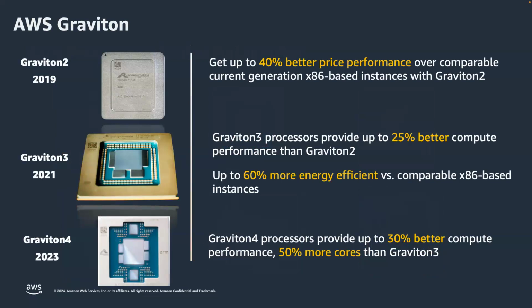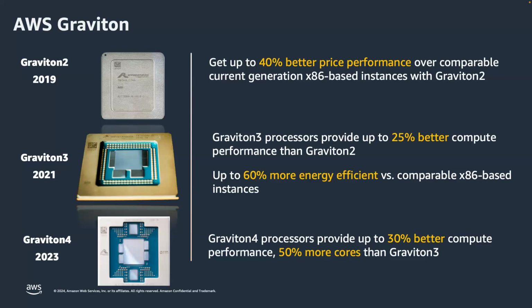But I will drill down into the Graviton processors because we have quite a few generations, since we started launching it almost 5 to 6 years ago. We started with Graviton 1, but nowadays we don't really talk about it anymore because we have Graviton 2, which is widely available.